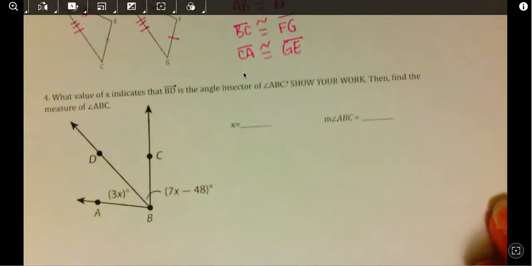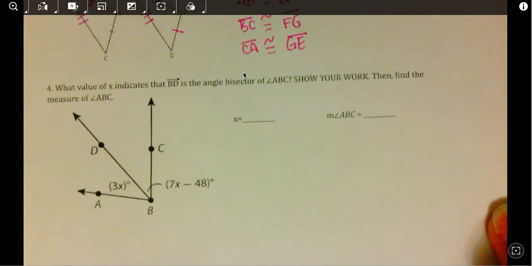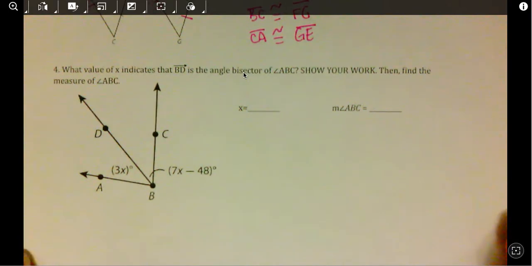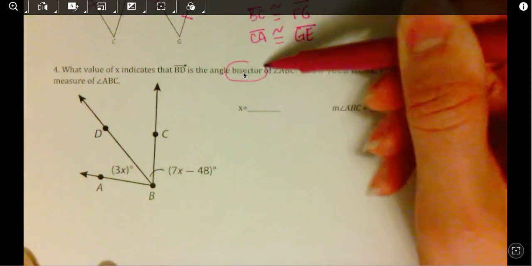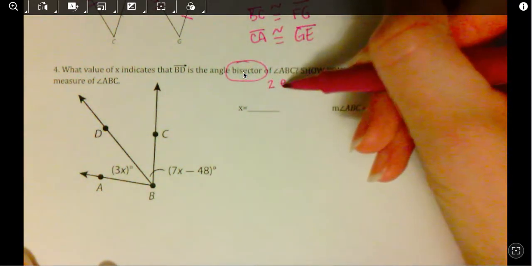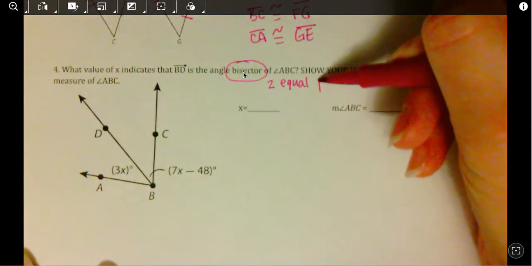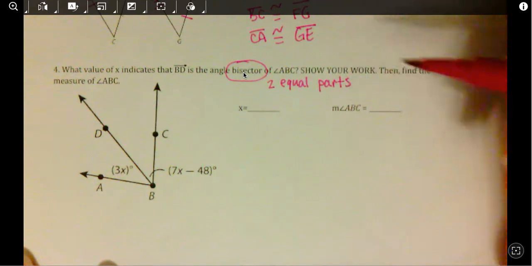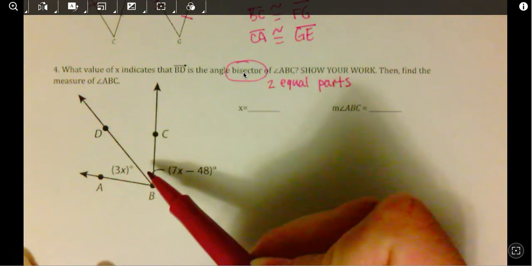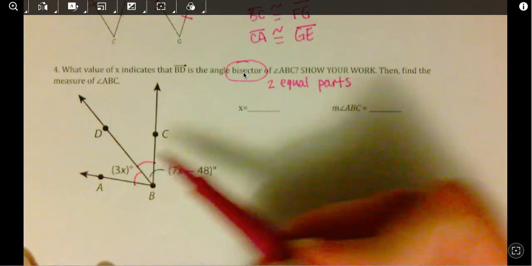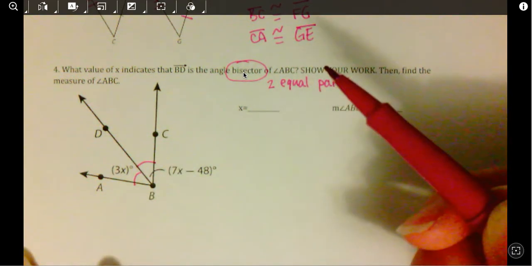Now this angle bisector problem is one that a lot of you missed in the past. And the key here is that you need to remember that a bisector means two equal parts. So if we want this BD to be a bisector, then that means that these parts have to be equal.